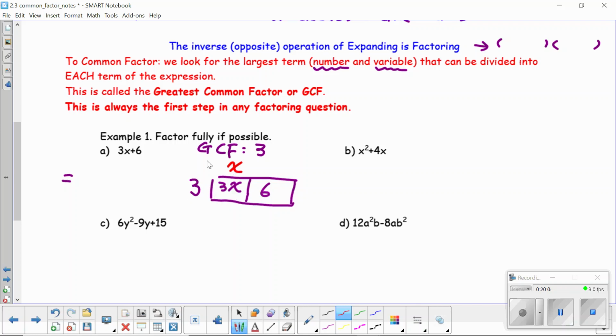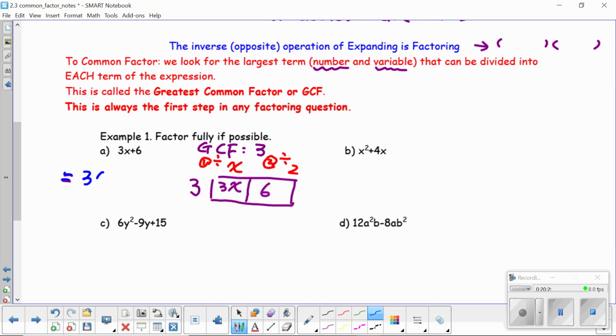This is doing the division. 3x divided by 3 gives you x. And the second one, 6 divided by 3, we do the division again. 6 divided by 3 gives you 2. Then we write it in factor form. It will be length times width.